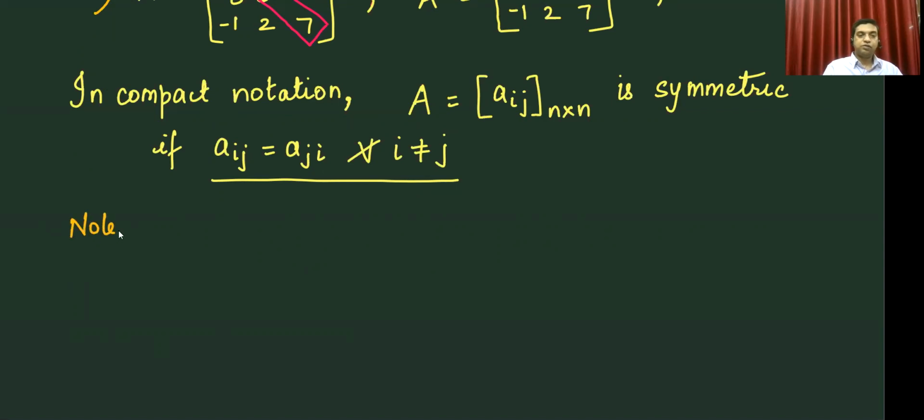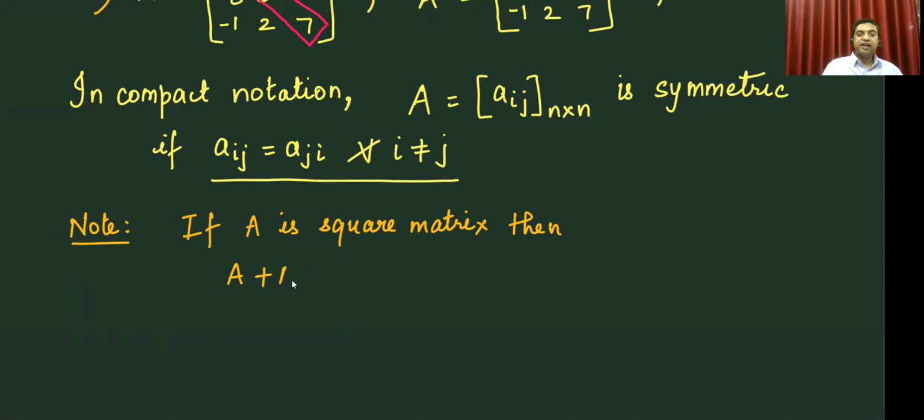Note, if A is a square matrix, then A plus A transpose is a symmetric matrix. The proof is very simple.